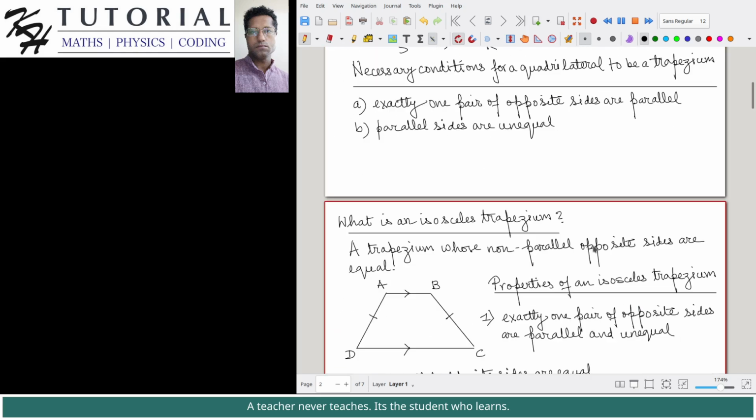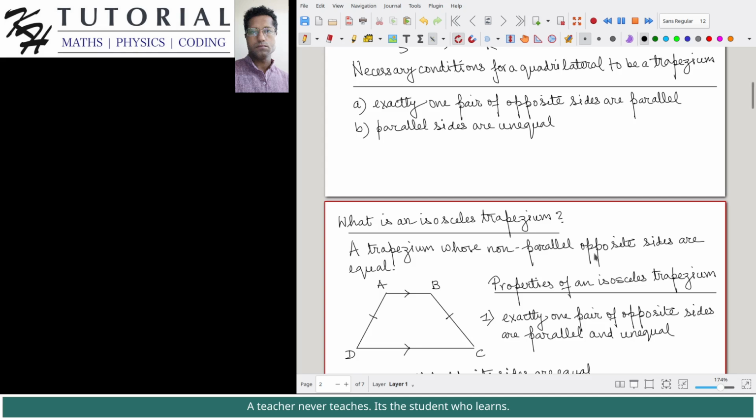The next is the isosceles trapezium, which is based on the trapezium. That is, if we have additional information in a trapezium that the non-parallel opposite sides are equal, then it becomes an isosceles trapezium.